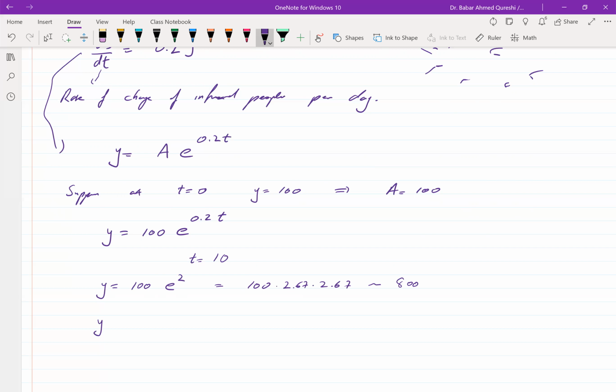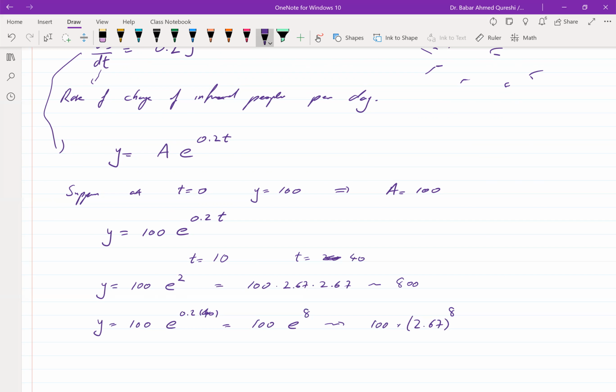But if you consider what happens on the day 20, or let's say on the day 40, then it increases very, very, very quickly because it's 100 into 2.67 to the power 8.